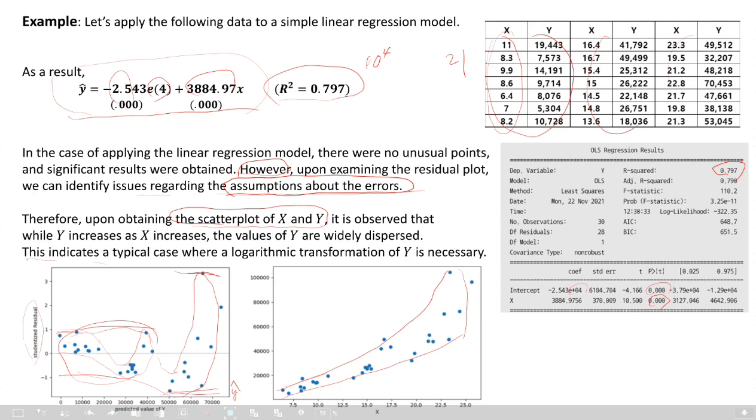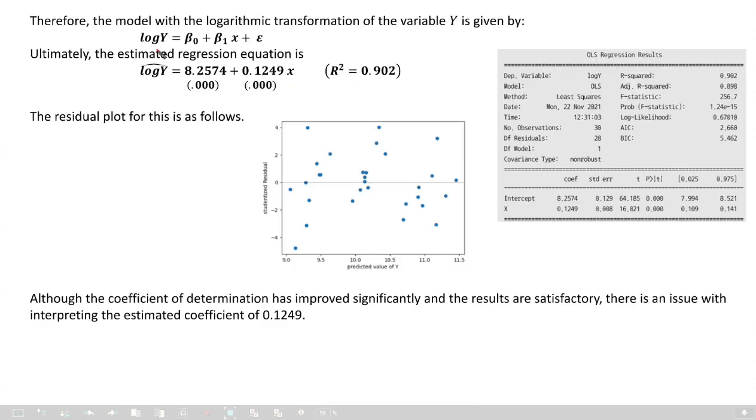Okay, so the model will be: log y equals beta 0 plus beta 1 x plus epsilon, a log transformation of y. So you try again to estimate the regression line.